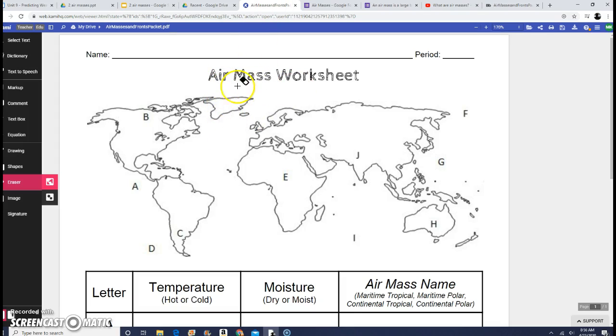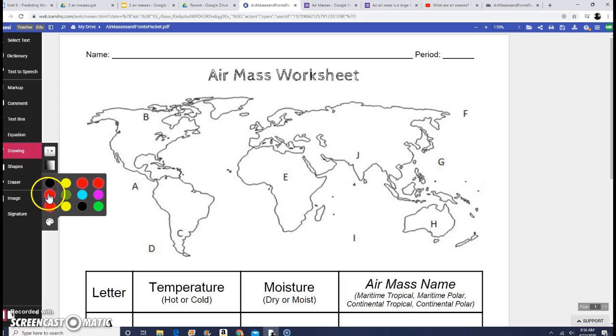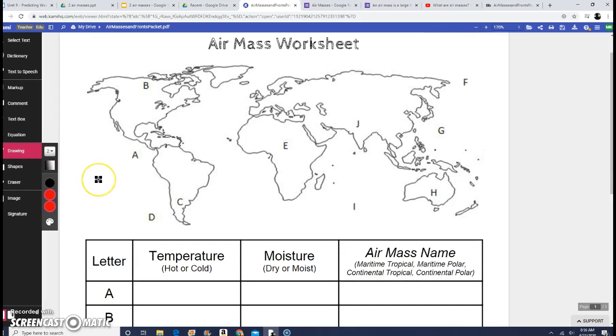So you have the Airmass worksheet. And you have the letter for the location. And they want the temperature. Is it hot or cold? If it's hot, you will call it a tropical air mass. If it's cold, you will call it a polar air mass.